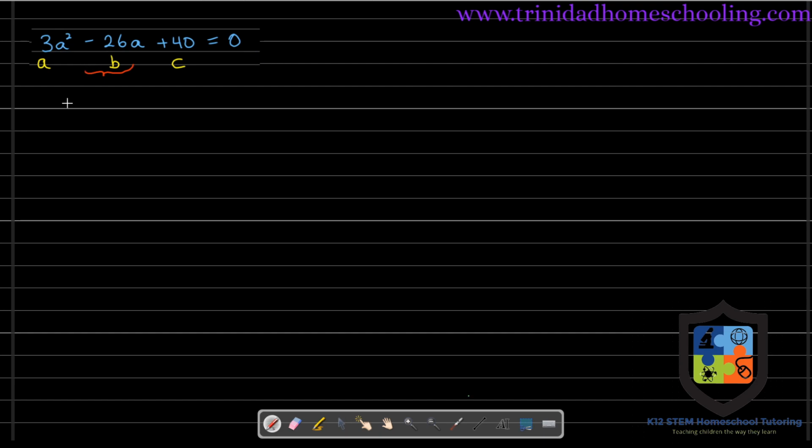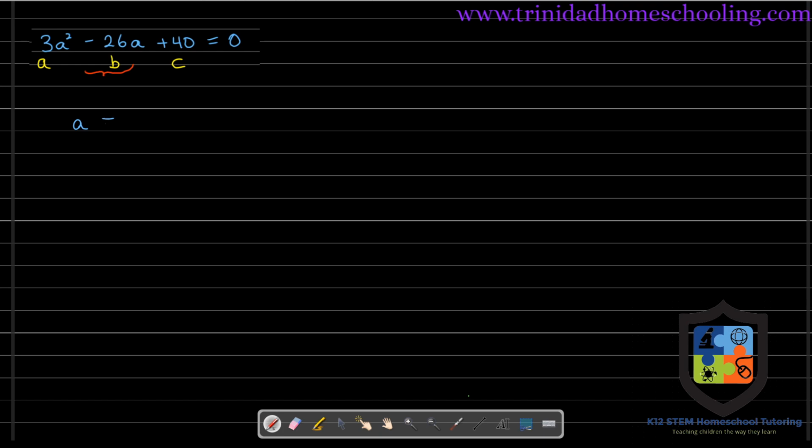So the first thing I want to do is write down the quadratic formula itself. Usually it starts with x is equal to, but in this case we're going to use this a, the blue a. Remember, these two a's are not the same.